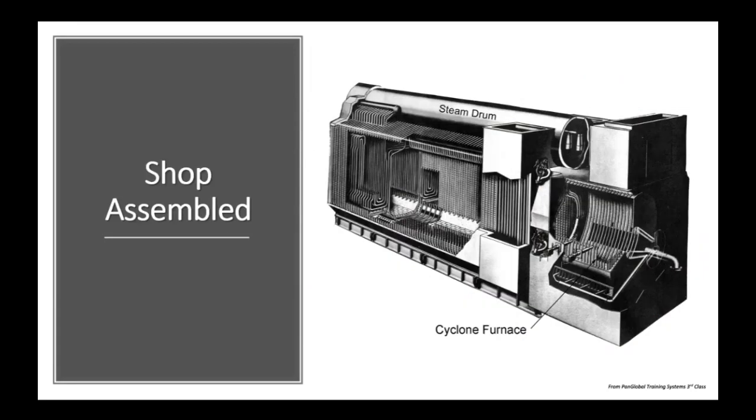This then is a shop assembled boiler. And you can see that this is considerably larger. This particular shop assembled boiler, sorry, my pen fell, has this cyclone furnace, which is likely an option.